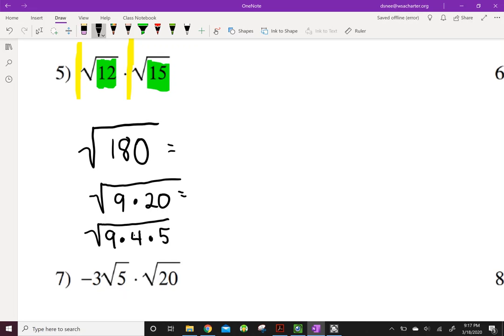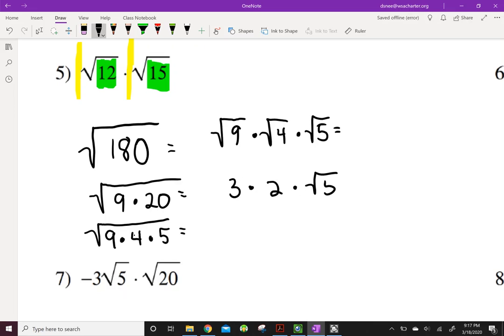All these are equivalent expressions. And the square root of 9 times the square root of 4 times the square root of 5 is equal to 3 times 2 times the square root of 5, which equals 6 root 5. A lot of steps to get to the answer in that one.